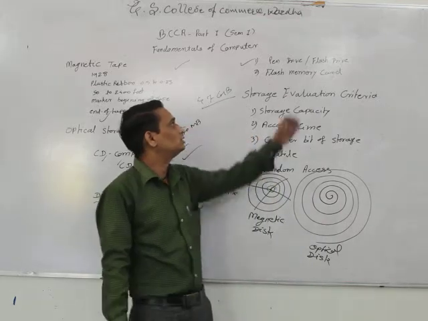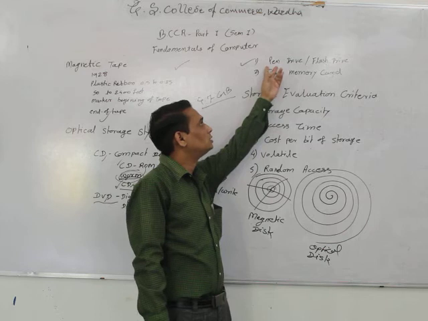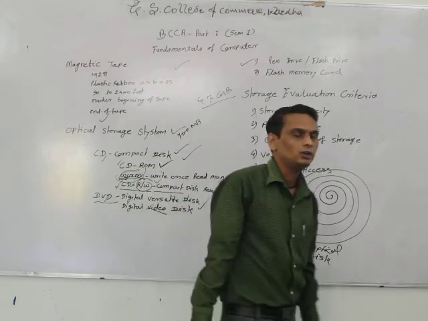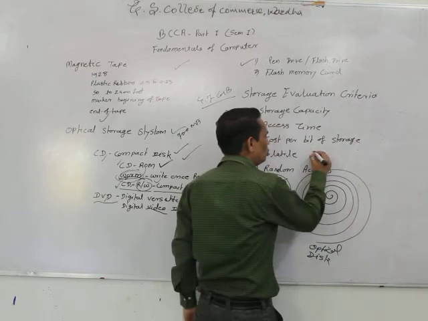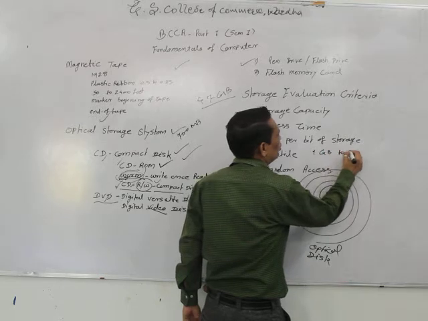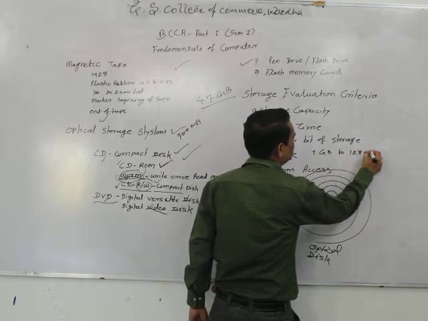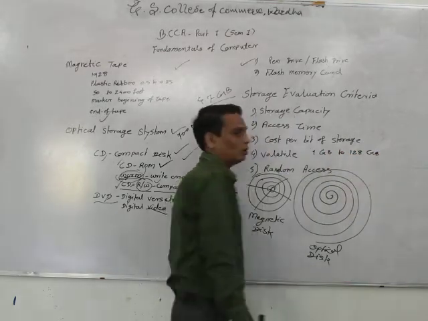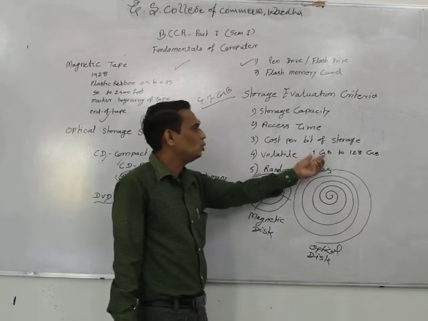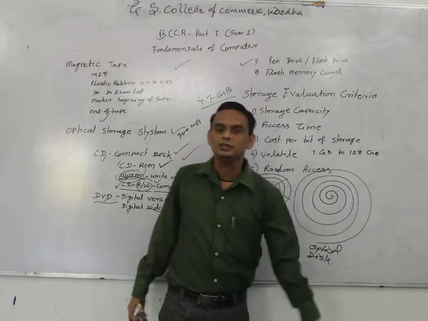The first SSD storage device is the pen drive, where the storage capacity can be from 1 GB to 128 GB.